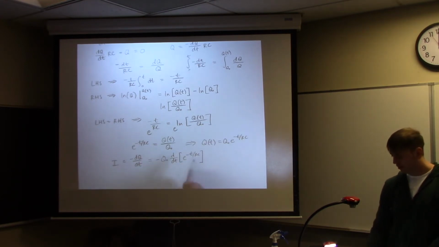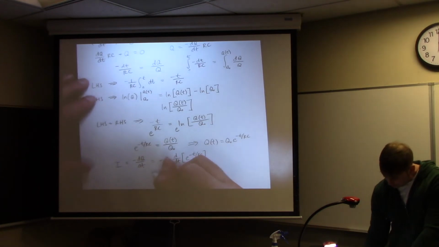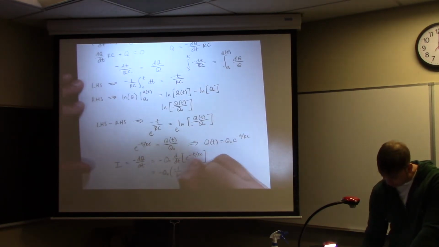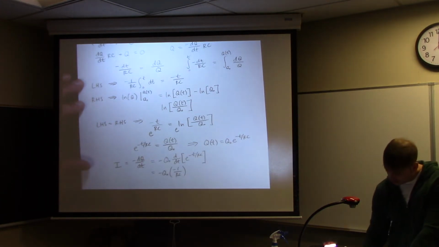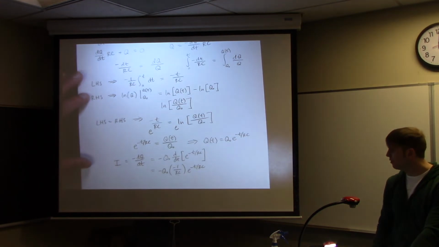I have this factor of minus 1 over RC. That has to come out. So here we have minus Q naught, factor of minus 1 over RC from the chain rule, and then e to the minus t over RC. That's how we take the derivative of this thing.